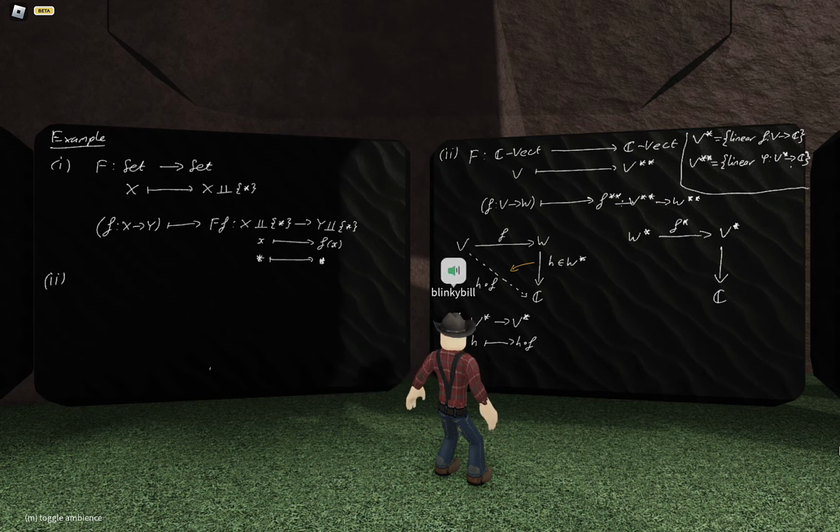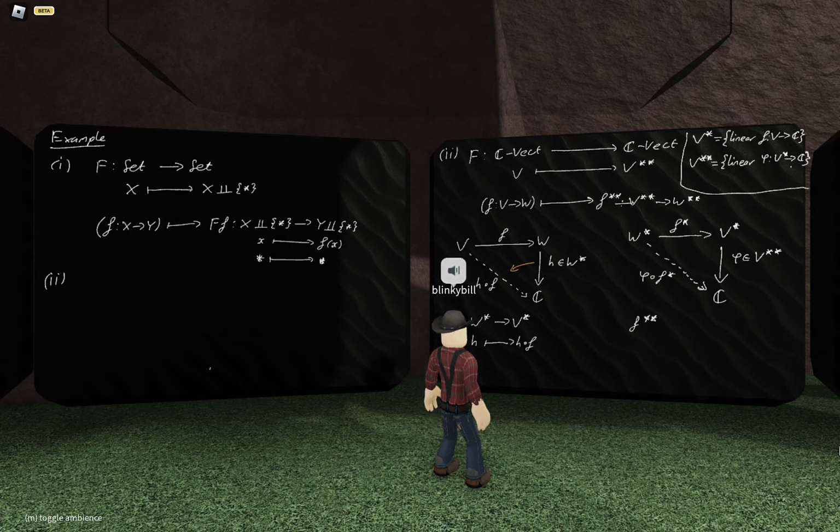Say I have some linear functional on V star, I'll call it phi, in V star star. I can do the same thing, but with F star now. So I can map phi to phi precomposed with F star.